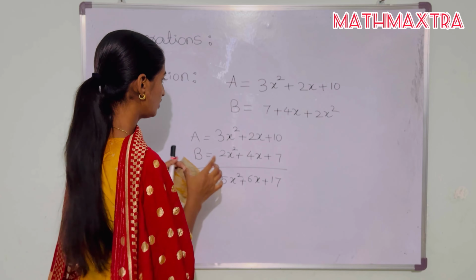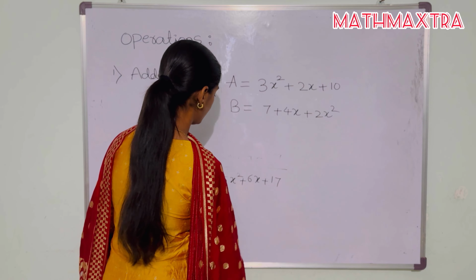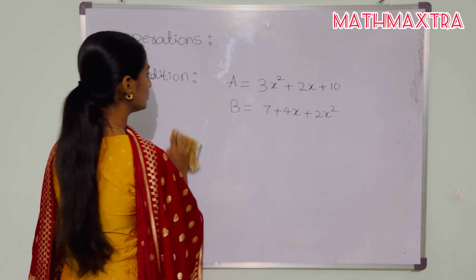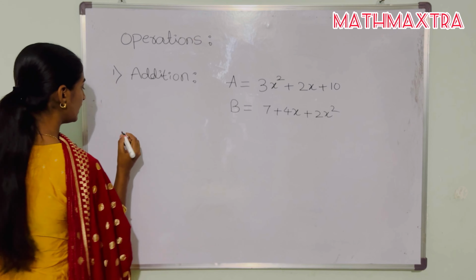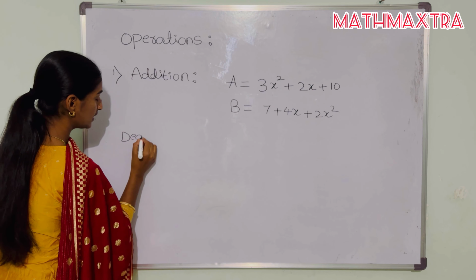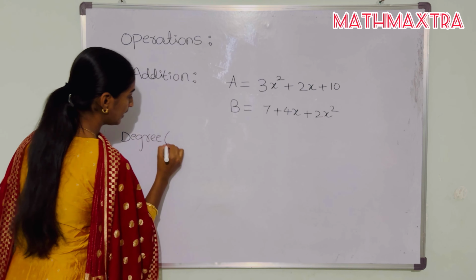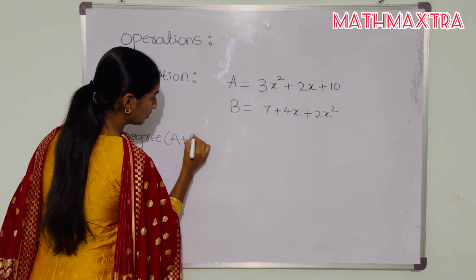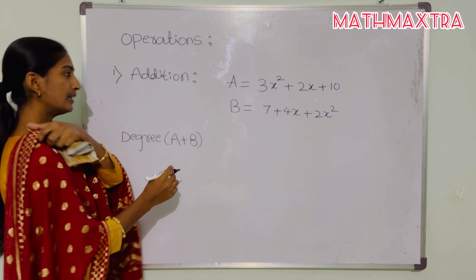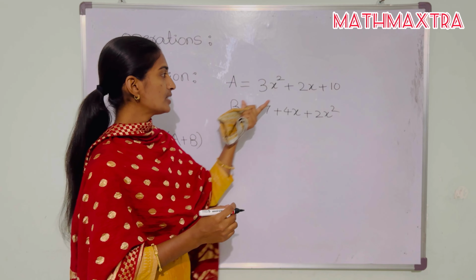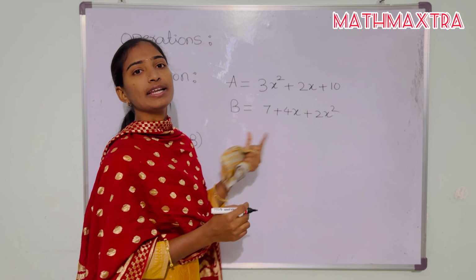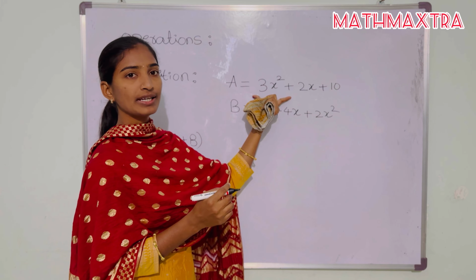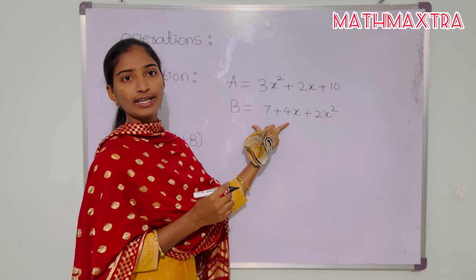Okay, so now we have to define what is the degree of the addition of two algebraic expressions, and I am considering the first case as same degree expressions. This is a 2 degree expression, this is also a 2 degree expression.